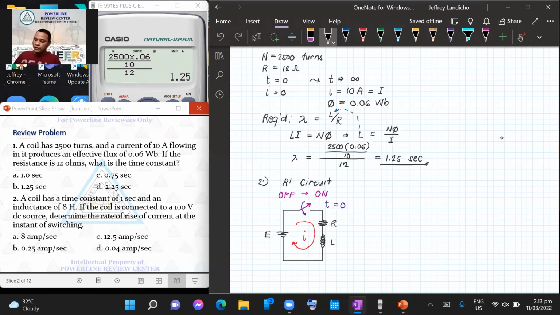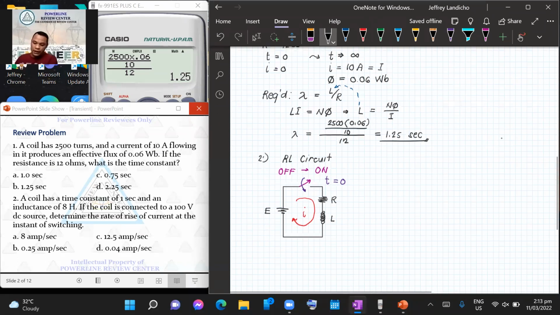We have an RL circuit from off position to on position. It is given that the coil has a time constant. What is our time constant? Lambda, which is the ratio of L over resistance, according to the problem. A coil has a time constant of 1 second, an inductance of 8 Henry, and is connected to a source voltage of 100 volts.